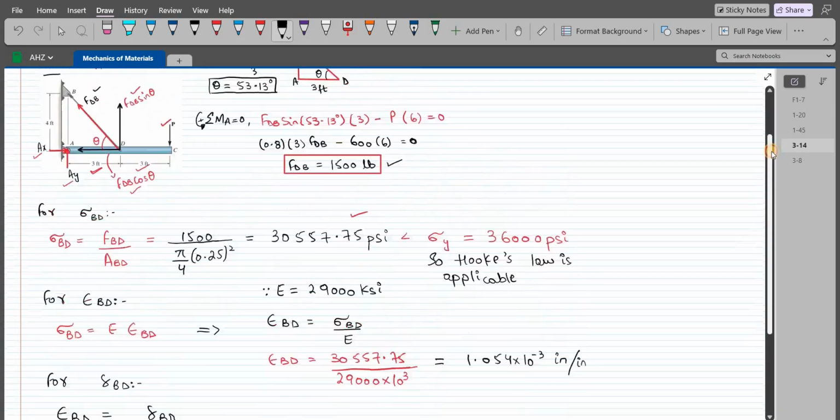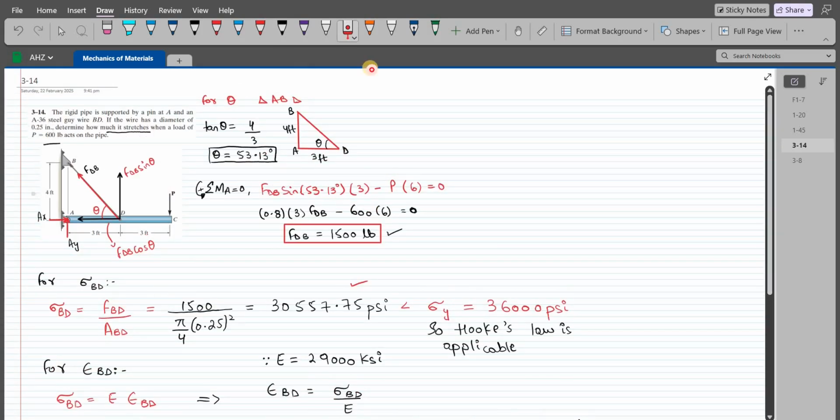So for unstretched length, we can again consider this triangle ABD. LBD is basically the hypotenuse of the triangle ABD. So we can use the Pythagoras theorem. So LBD is equal to square root of 3 squared plus 4 squared. So LBD comes out to be 5 feet.